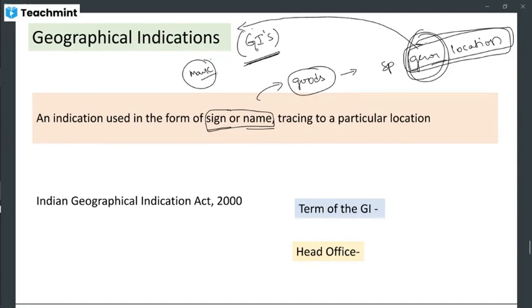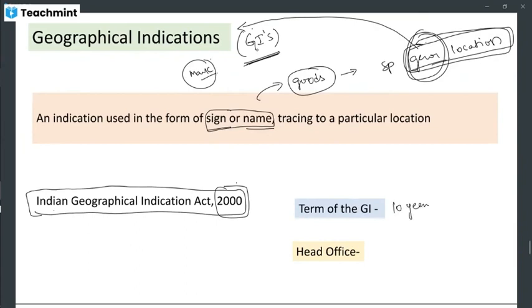In India, it is the Indian Geographical Indication Act 2000. It was passed in 2000, and the term of a GI is also 10 years, and you can renew it after 10 years. Also remember which forms of protection are renewable and which are not renewable; you need to have an idea of it.